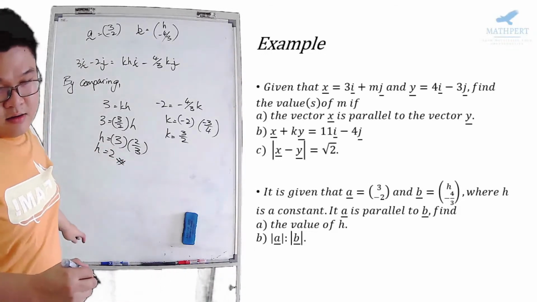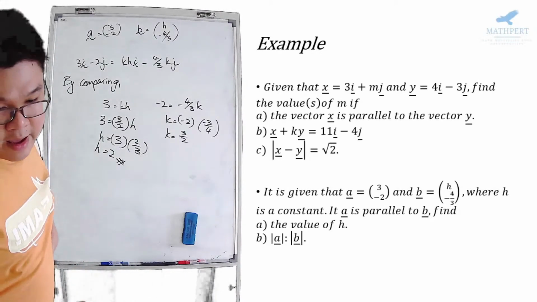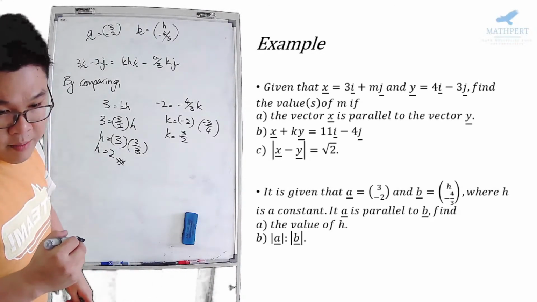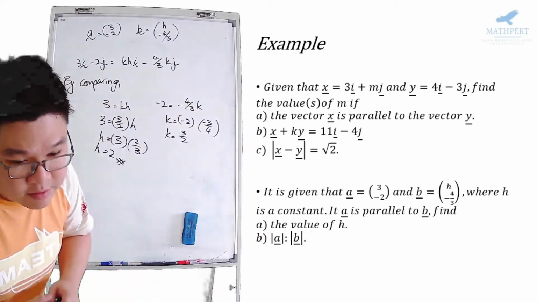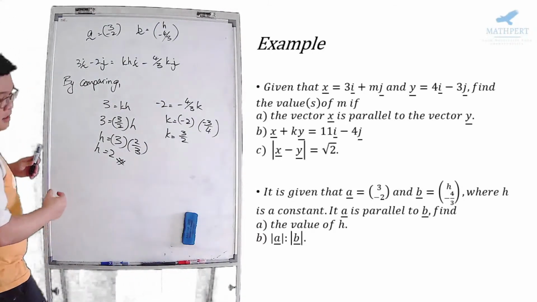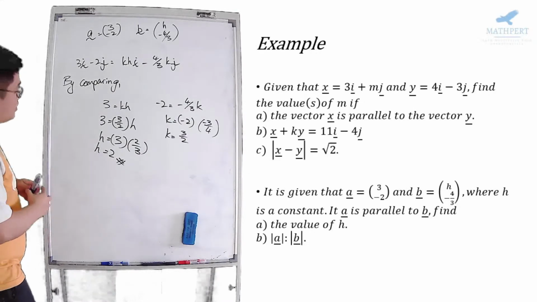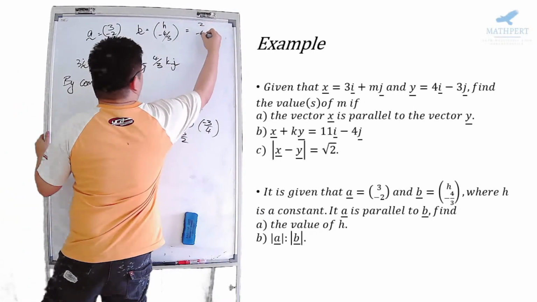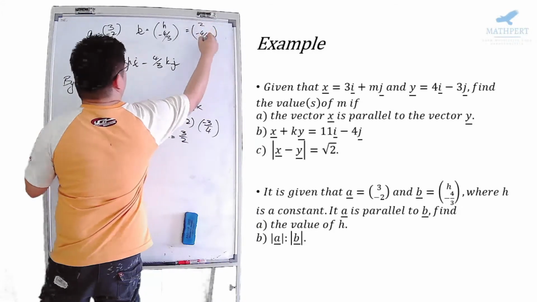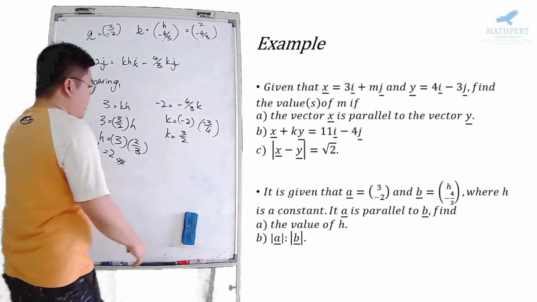Alright? Then magnitude of A to magnitude of B, the ratio, okay? So let me, h is equals to 2. So this will become 2i negative 4 over 3 j. Okay, let me clear this.